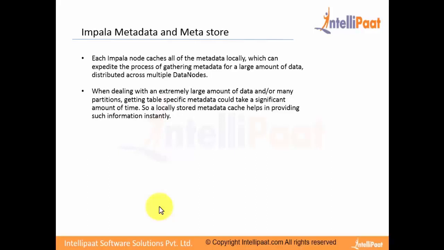Also, Impala caches the metadata or the block cache, and whenever a particular file is supposed to be processed using any SQL query, instead of going back, looking into the name node and picking up the metadata from there and wasting some time, Impala can fetch the locally cached metadata or the block cache and can start the processing as soon as possible. This helps prevent an extra round trip and the overhead to get the metadata and then start the processing.